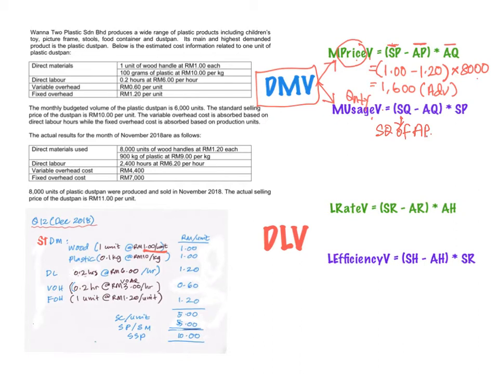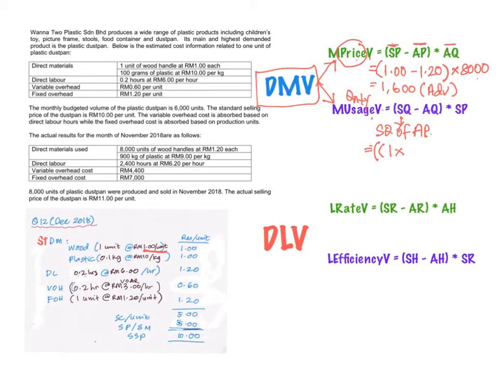It means that for the formula, you will need to calculate the standard quantity first. It will be the standard quantity as shown in your standard cost card, which is 1 unit. So for every 1 unit of plastic dustpan, you will need 1 unit of wood handle. So standard quantity is actually 1, of actual units produced or actual production. So how much is your actual production?